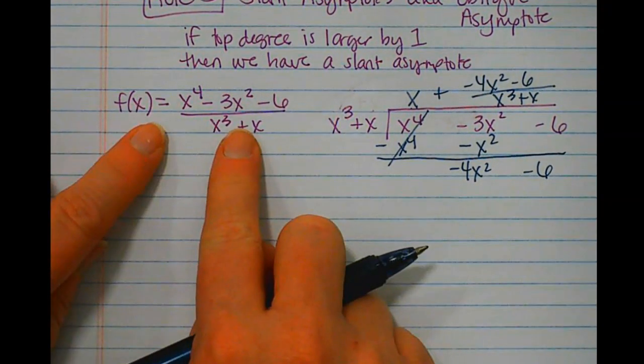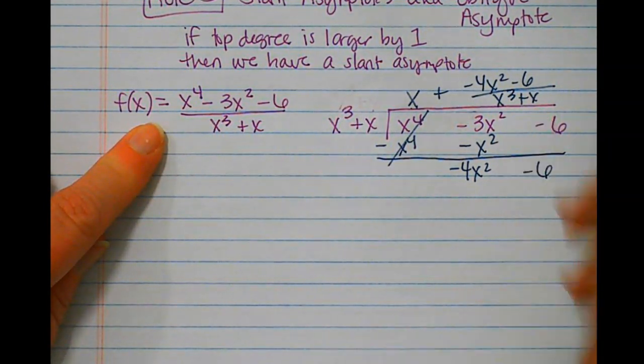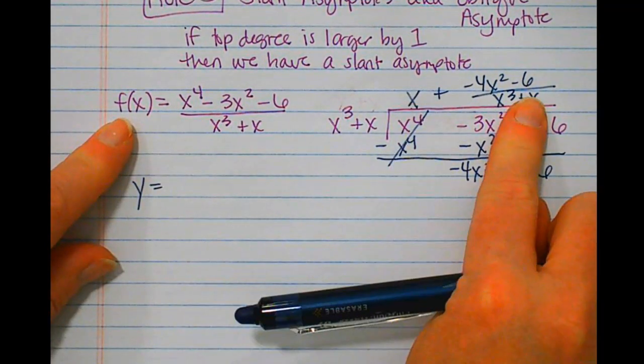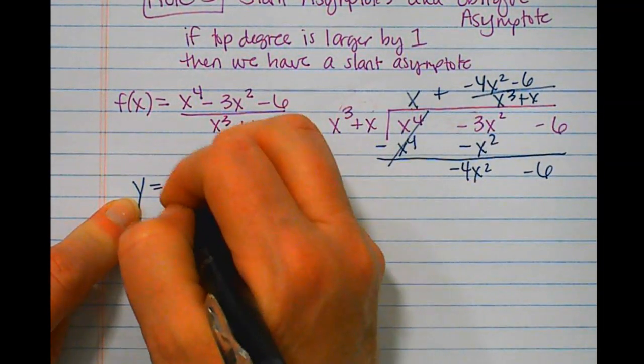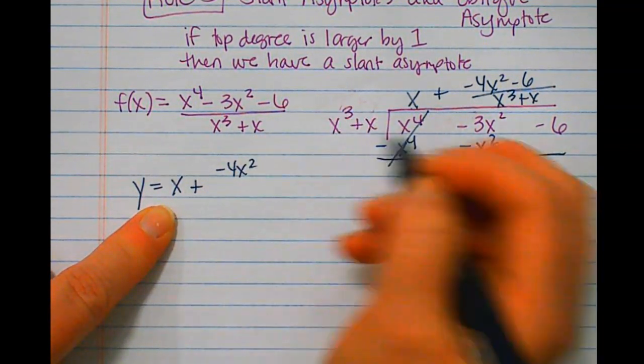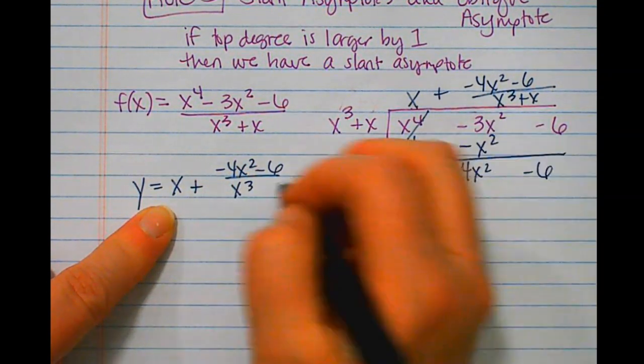So we took this and we actually divided. I'm going to write this down separately so I can talk about it for a second. I'm going to write it as y equals x plus negative 4x squared minus 6 over x cubed plus x.